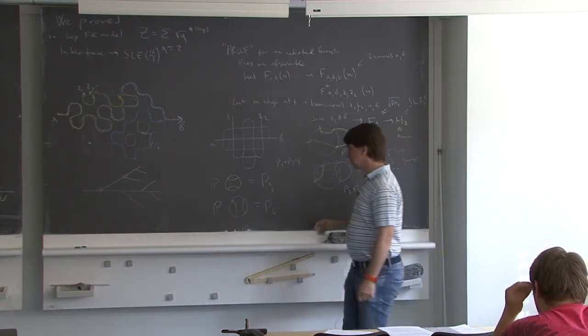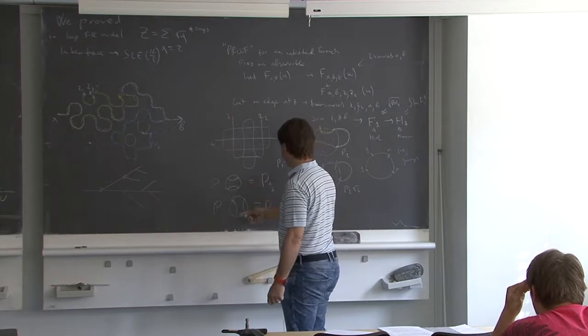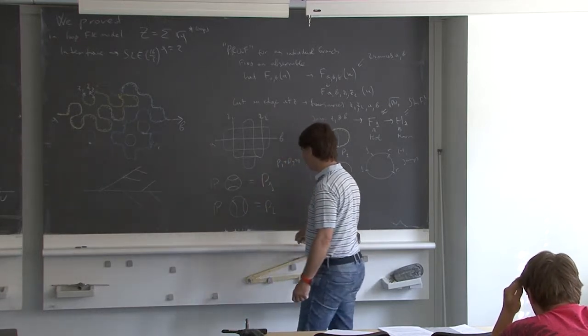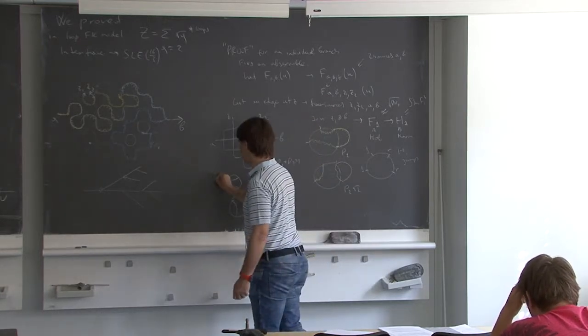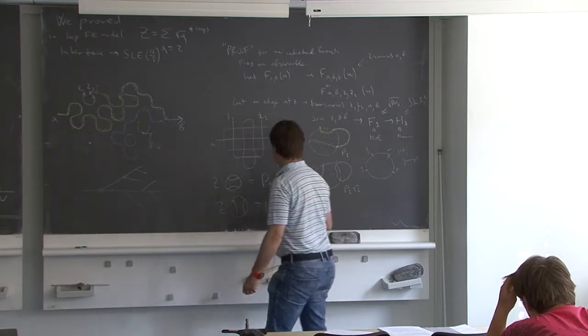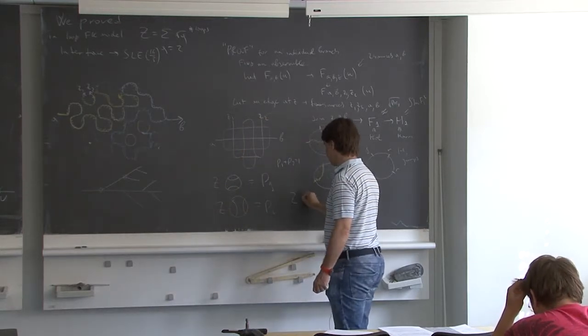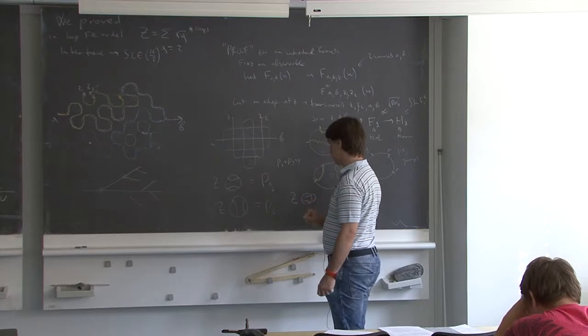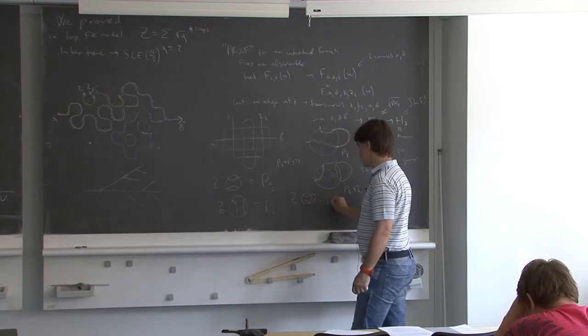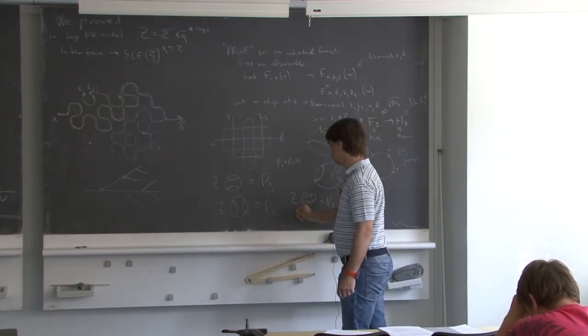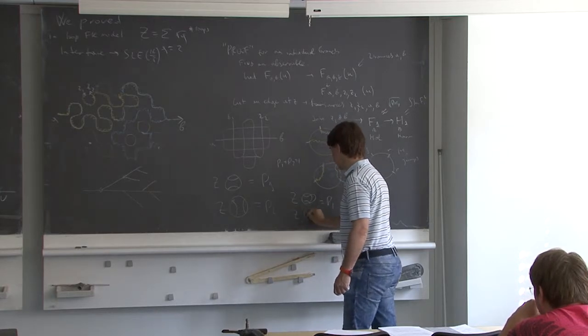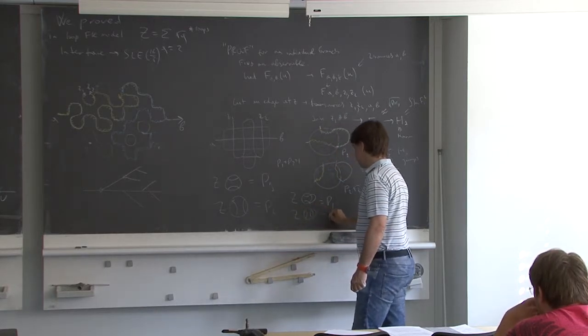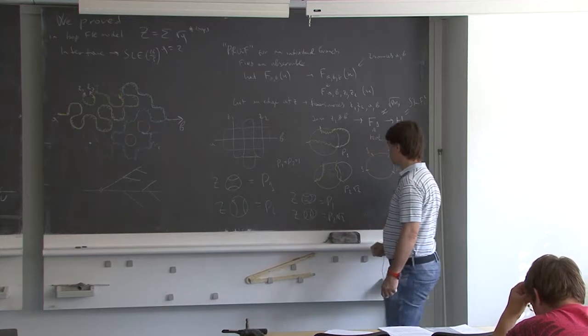So basically, partition functions here are P1, P2, or probabilities, let's say partition. So the partition function of the same thing with this added edge, in the first case it's still P1 because you just added edge not to a loop, but in the second case you create one more loop, so it's P2 square root of 2.